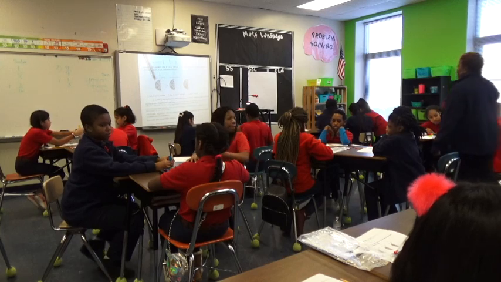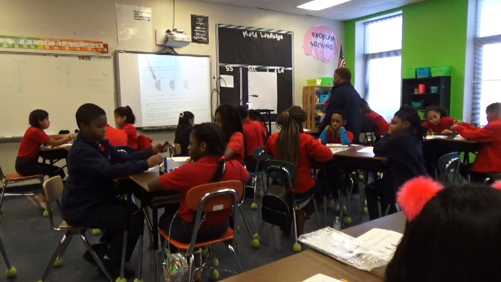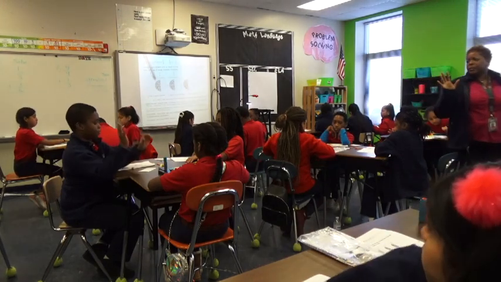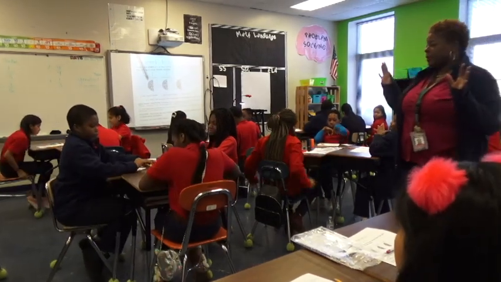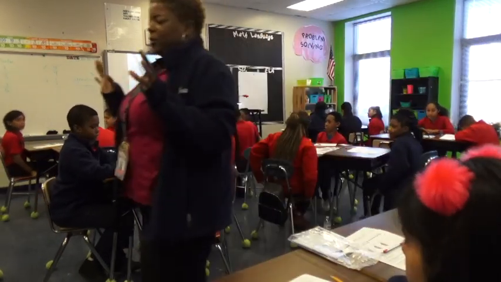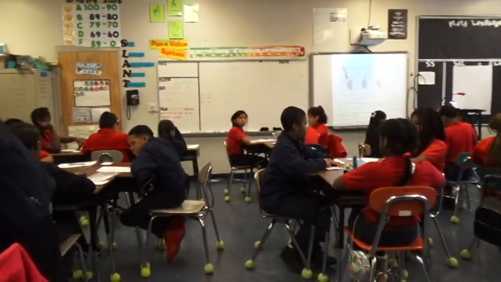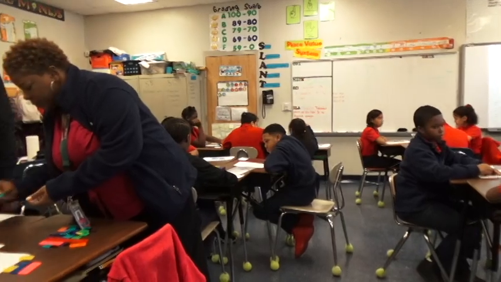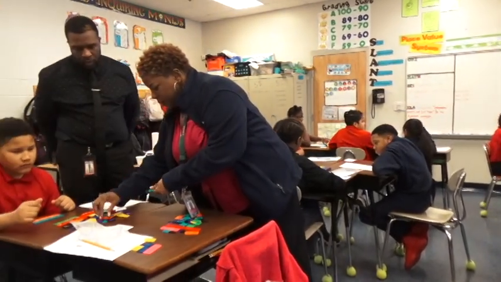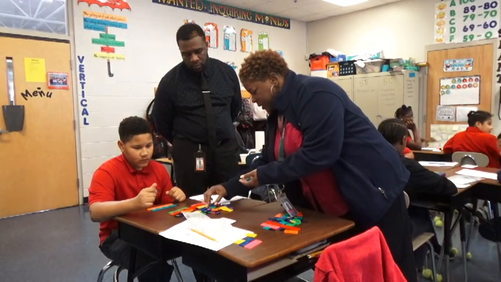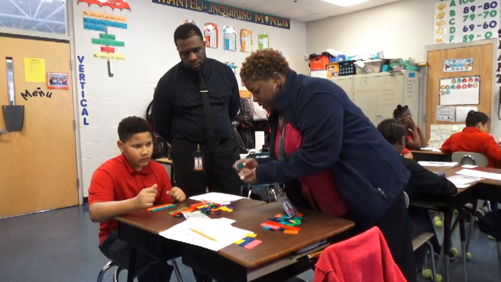Okay, 5, 4, 3, 2, 1. Hands off. If you have not found it, we're going to work together to find it. I asked you to find 4/6. Yes, 4/6. Okay.